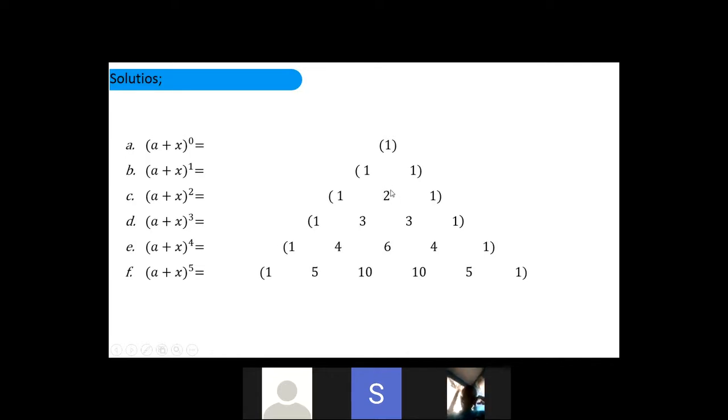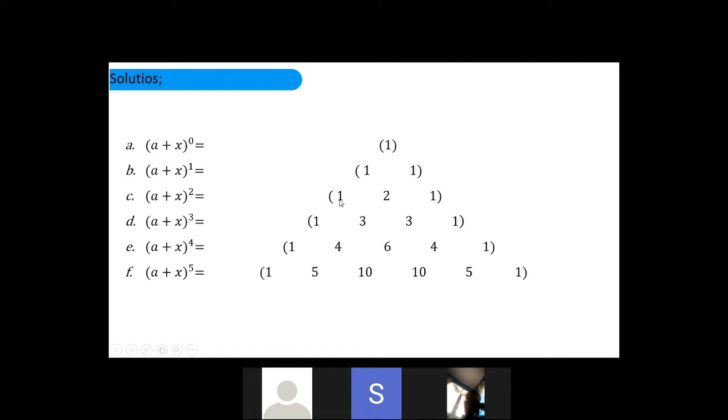When I add the top coefficients, the 2 here is in between. Don't be confused. Let me go to the next one and explain.